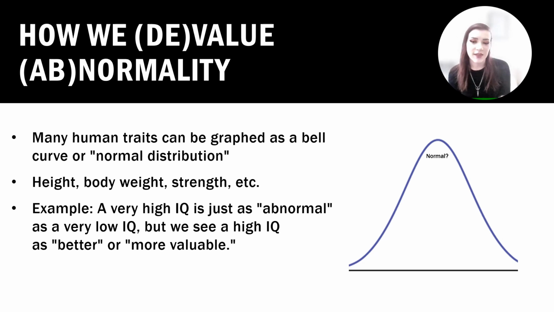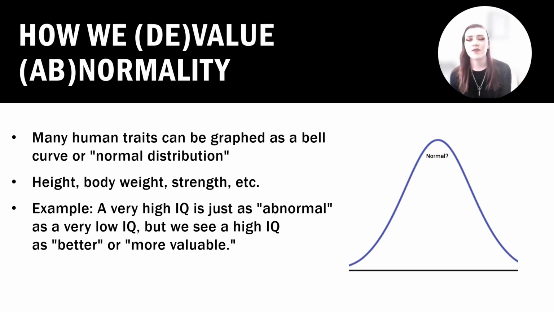They're both equally as abnormal, statistically speaking. But in our society, as we understand things today, we tend to see a high IQ as better or more valuable, and we're attributing this different valuation and maybe even morality to people in these different kinds of life positions with different traits, different bodies, different capabilities.